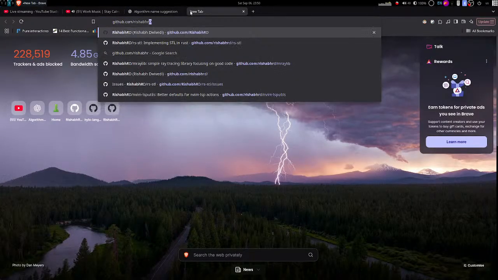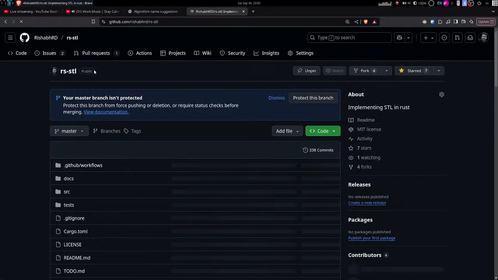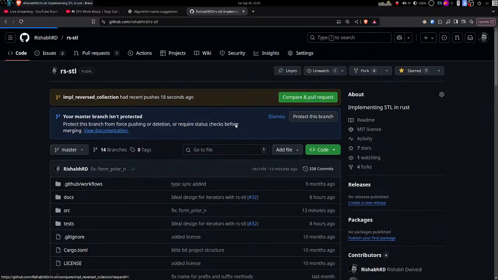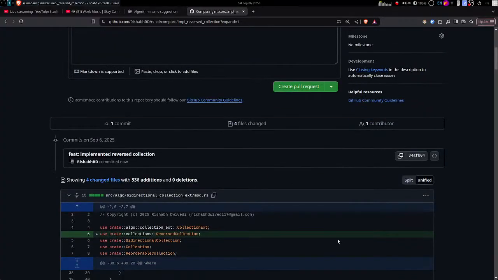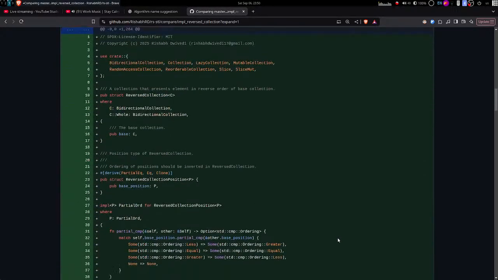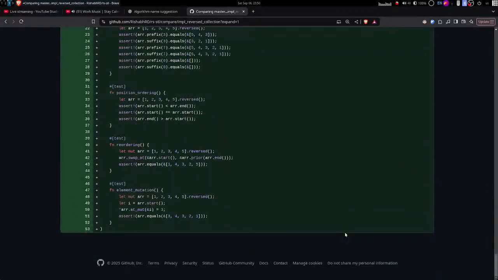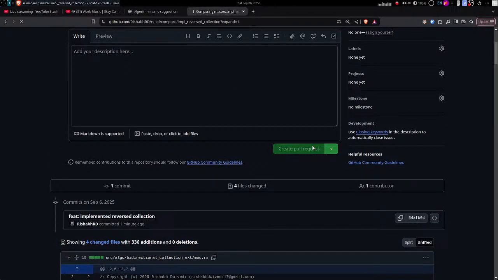github.com. We need to implement a lot, like a lot, just to get this reversed collection working.